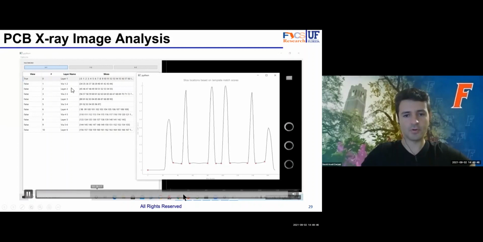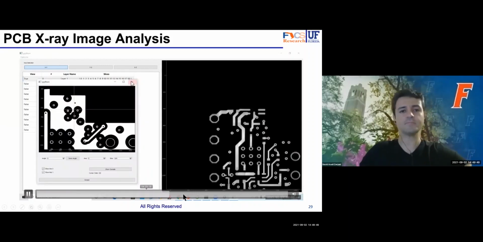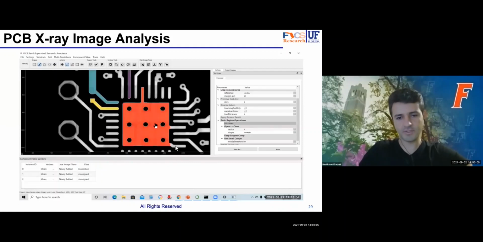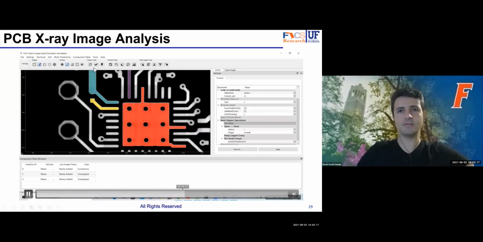This is, by the way, a very nice X-ray image. You don't get this type of X-ray when you have a board with a lot of components on it. The way it's collected is traditional conventional tomography. Here the user is selecting a little piece of a feature of interest, and then the tool expands it to more areas of that feature.